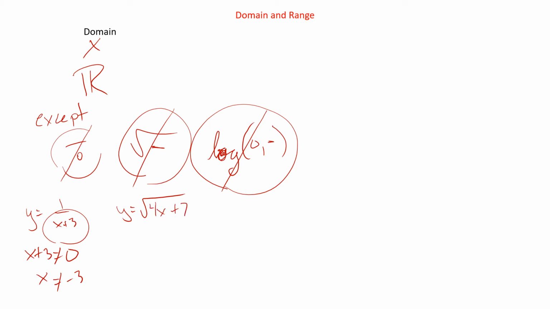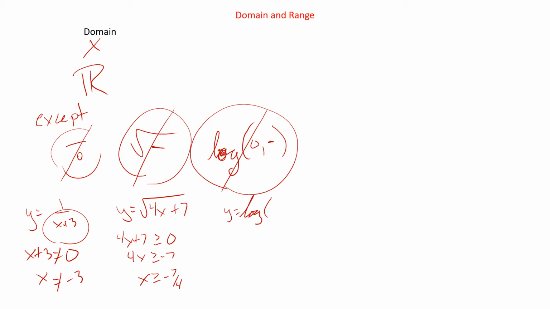Well, we know that 4x plus 7 has to be greater than or equal to 0. Then we can subtract the 7. So 4x is greater than or equal to negative 7. X is greater than or equal to negative 7/4. That's the domain.